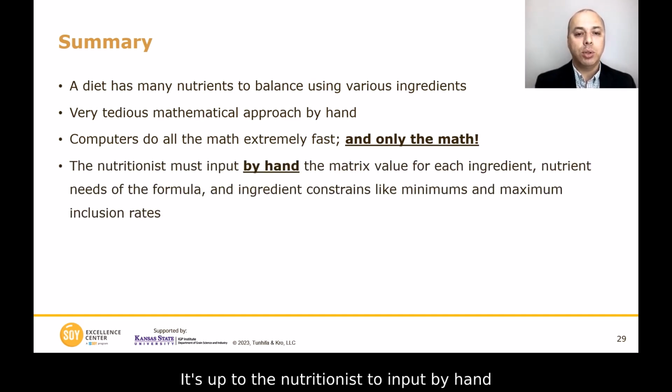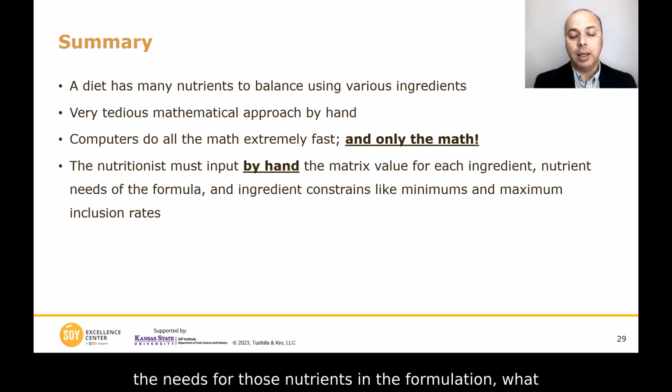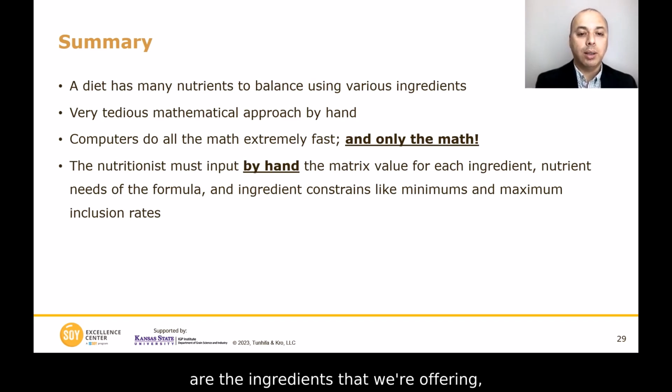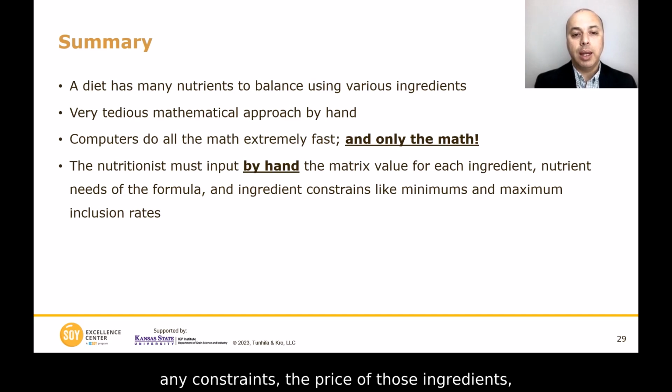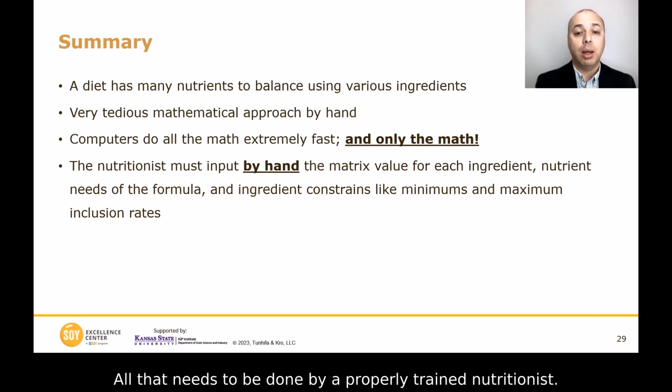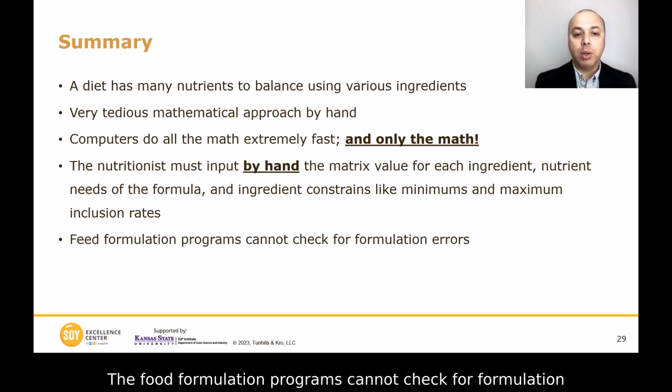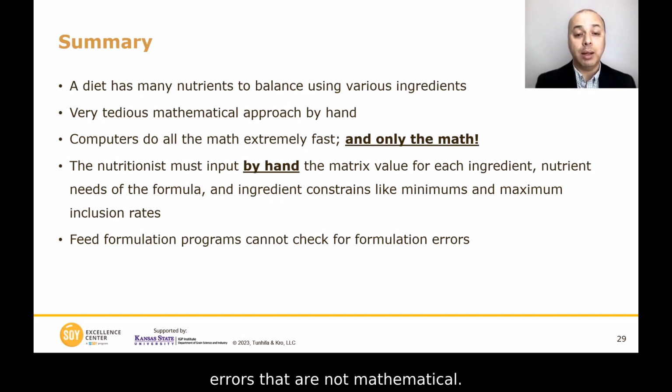It's up to the nutritionist to input by hand the matrix values for the ingredients, the needs for those nutrients in the formulation, what ingredients we're offering, any constraints, the price of those ingredients, and a lot of other things. All that needs to be done by a properly trained nutritionist. The feed formulation programs cannot check for formulation errors that are not mathematical.